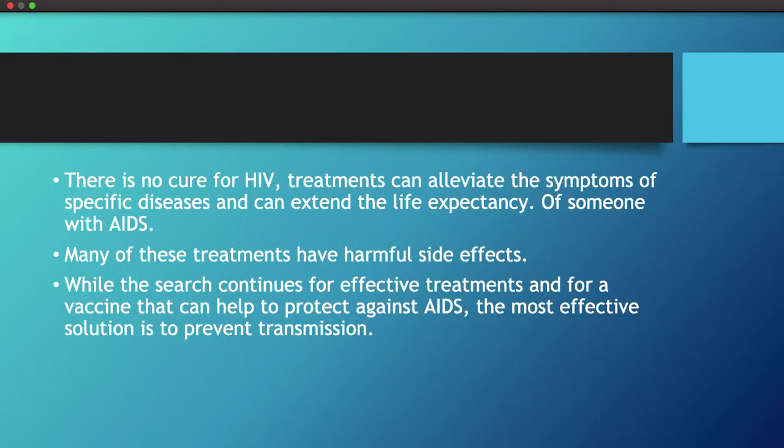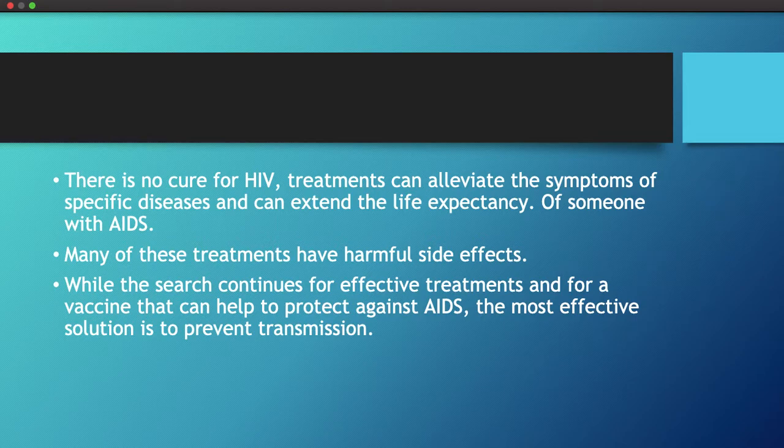There's no cure for HIV, and treatments can alleviate the symptoms of specific diseases and can extend the life expectancy of someone with AIDS. So if you have AIDS, there's no guarantee that you'll be okay, but there are definitely treatments that can help to extend your life. Many of the treatments have harmful side effects.